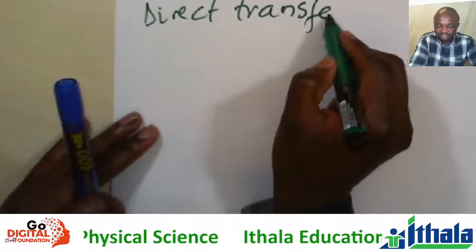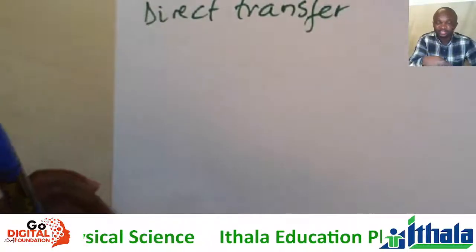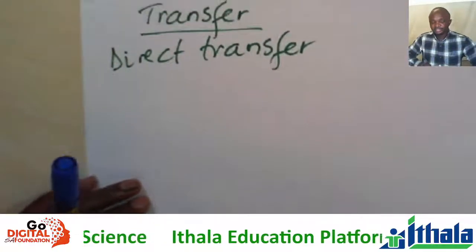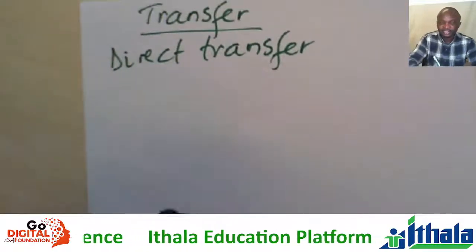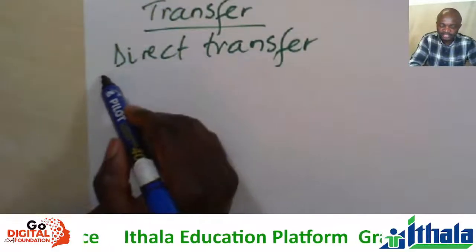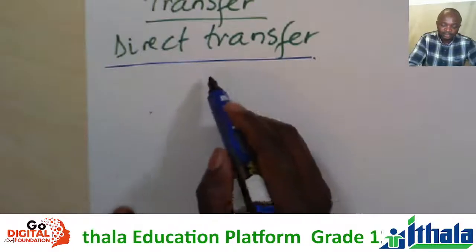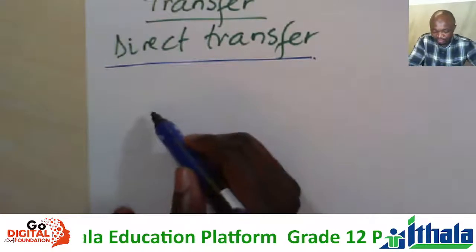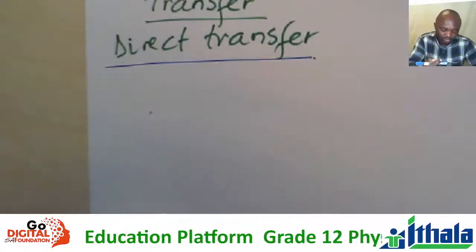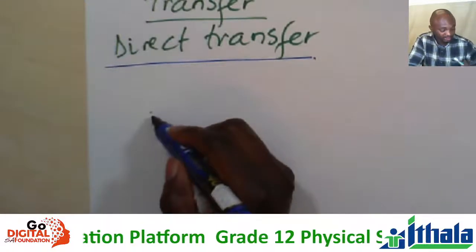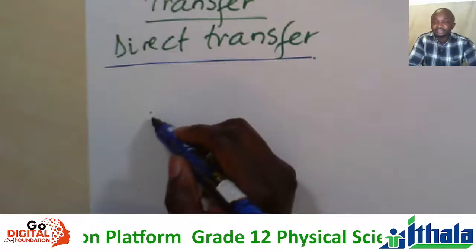This means the substance that is losing electrons and the substance that gains electrons must be in physical contact. We call this a direct transfer, right? Most of the time we use metals, and you know that most metals will donate electrons. They can form positive ions.